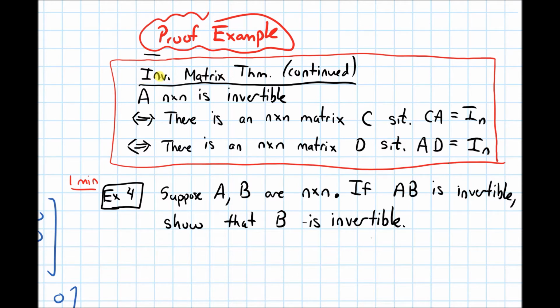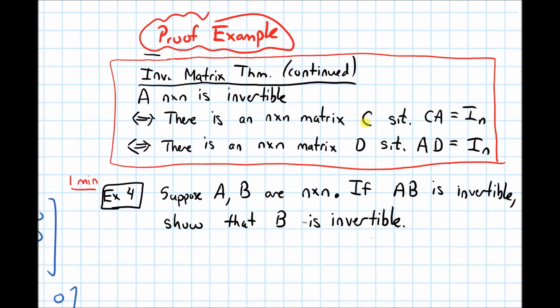I'm calling this invertible matrix theorem continued because I'm stating a couple of parts of the invertible matrix theorem that I didn't do in one of our previous videos, but the textbook has both of these. Part of what the invertible matrix theorem says is a matrix A that is n by n is invertible if and only if there is an n by n matrix C such that C times A equals the identity.